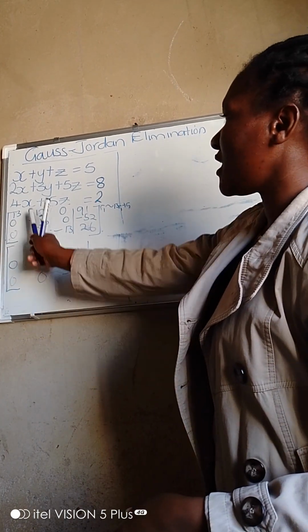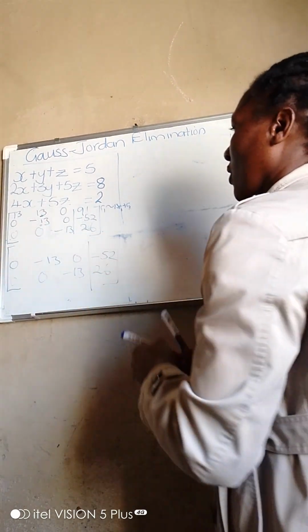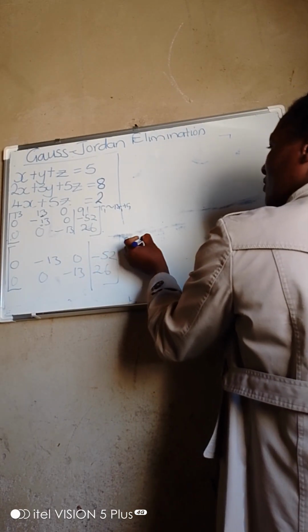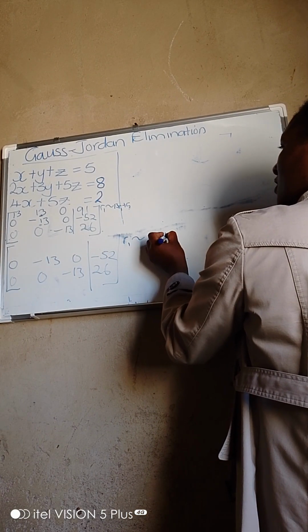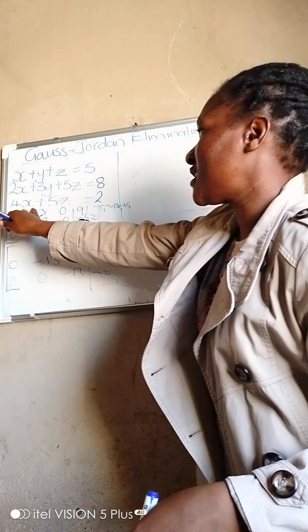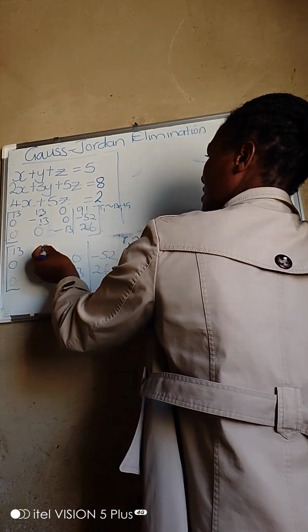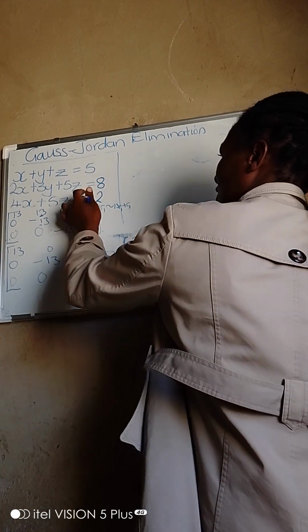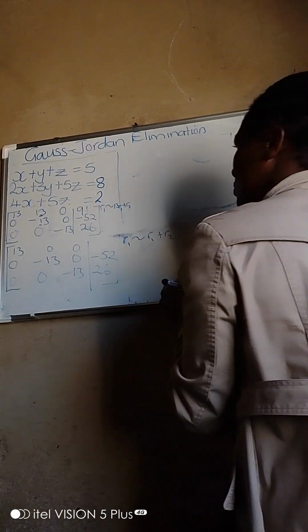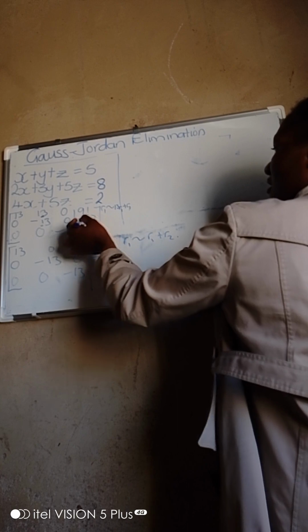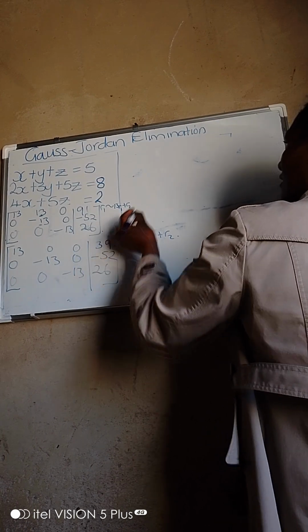So we are going to add row 1 to row 2. So row 1 follows row 1 plus row 2. So 13 plus 0 is 13. 13 plus minus 13, 0. 0 plus 0, 0. 91 minus 52 is 39. Right.